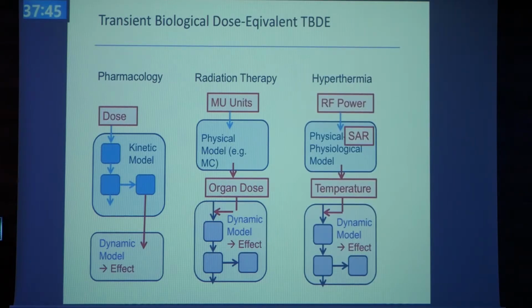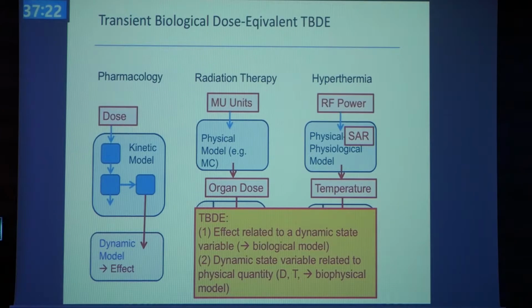At first glance, hyperthermia looks quite similar. When you heat with radio frequency, you have an RF power output. You will produce a specific absorption rate pattern in the patient, but now you have physiological regulation mechanisms such as perfusion, and this will lead to a certain temperature, and this will lead to a dynamic effect in the tissue.